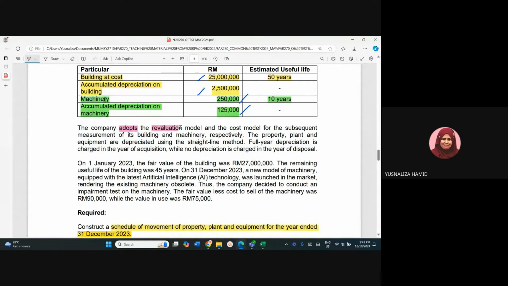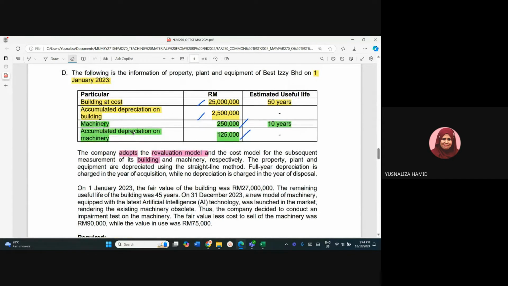For building, they adopt the revaluation model, but for the machinery it is the cost model. So cost model for machinery.